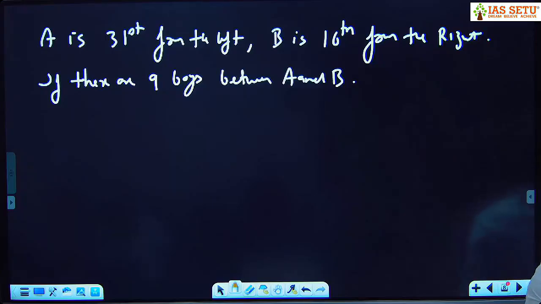Minimum. क्या है? दो लोगों में, 3 लोगों में दिमाग लगाना पड़ेगा.